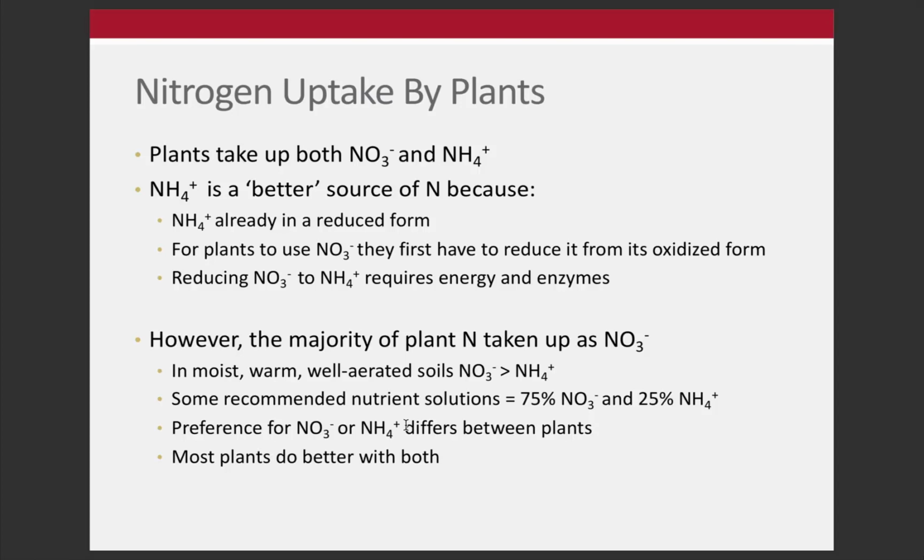Okay, so this is another concept that hopefully is familiar to you, but just in case, we'll talk about reduced forms and oxidized forms. A classic example is a carbohydrate. Let's take carbon. A carbohydrate is a reduced form of carbon. In other words, it is a form that has energy associated in those bonds, and the oxygen is absent.